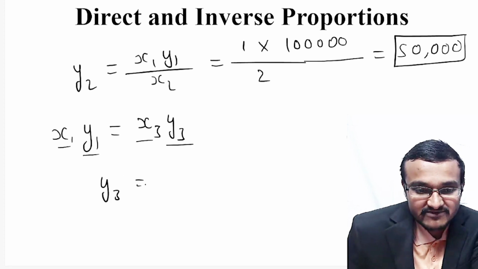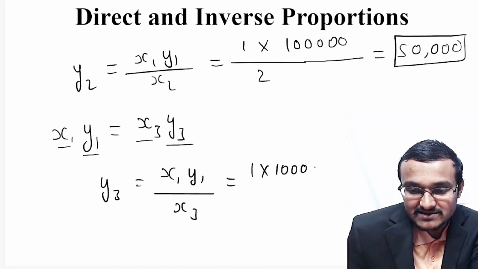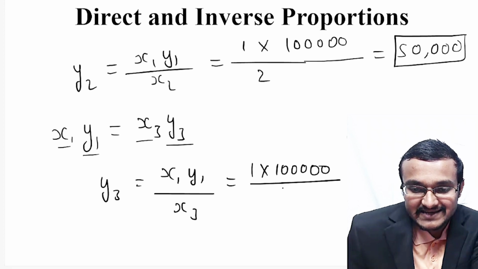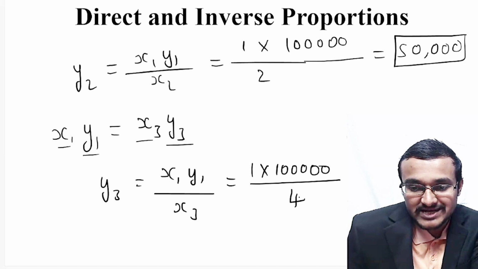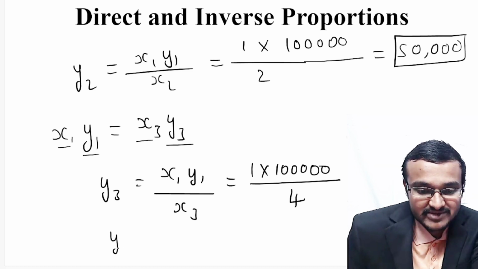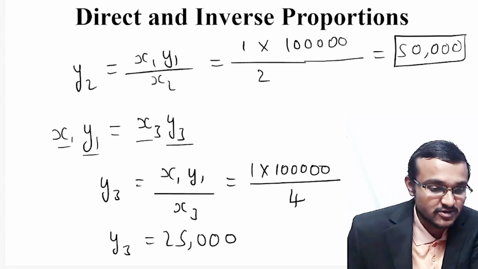So y3 will be equal to x1 y1 divided by x3. So x1 and y1 are 1 into 1 lakh and x3 is actually equal to 4. So 1 lakh you should divide by 4. So that will be equal to 25,000. So the answer for y3 is 25,000.